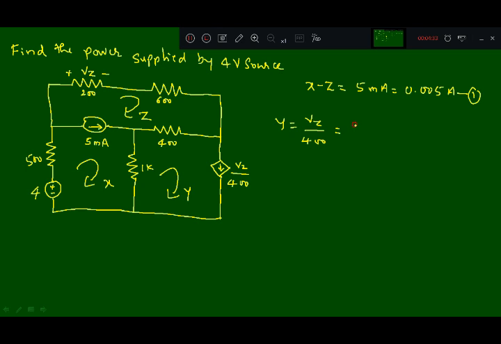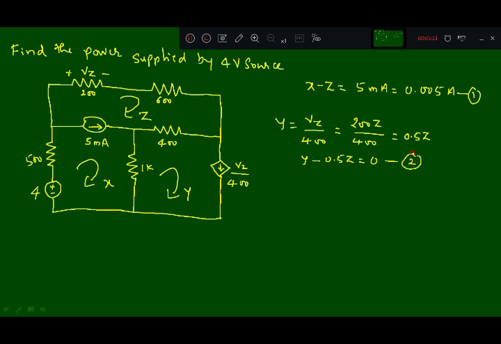VZ is the voltage across the 200 ohm resistor. The resistor is 200, current is Z. This becomes 200 Z divided by 400, so we get 0.5 Z, or the equation is y minus 0.5 z is equal to 0. This is equation number 2.